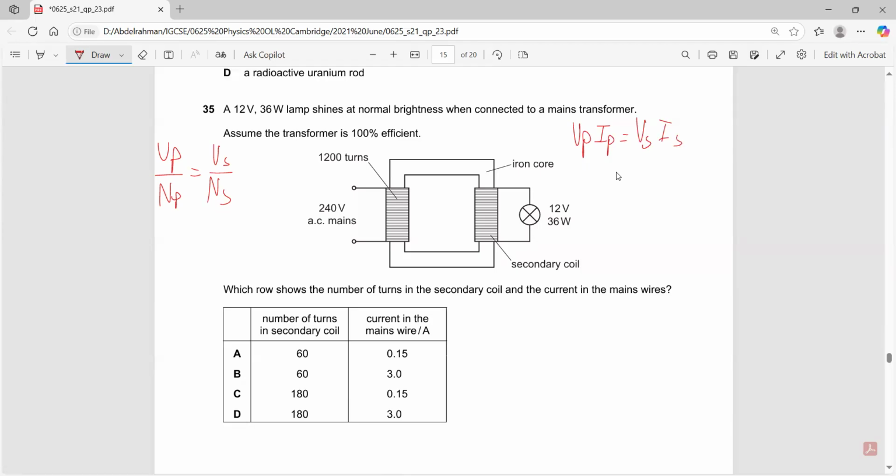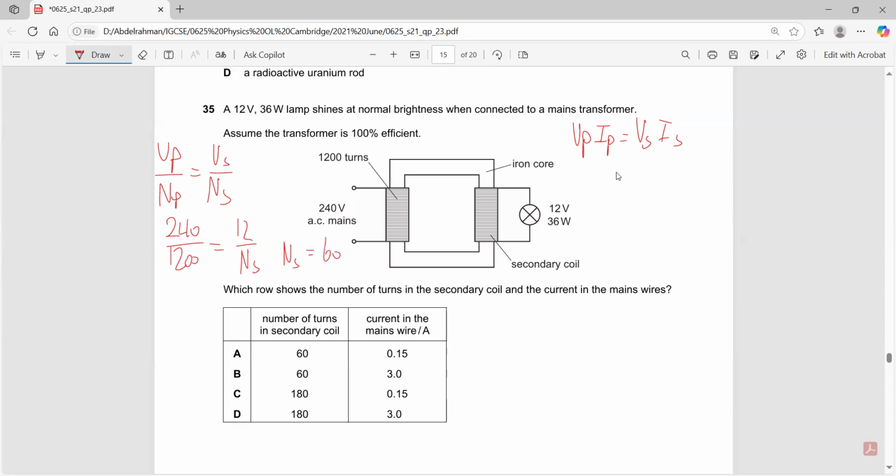If I want to solve for the number of turns first, you have VP, which is 240, and NP 1200, which is equal to VS, 12, over NS. Can I cross multiply? Yes, if I cross multiply to find NS, NS would be equal to 60.